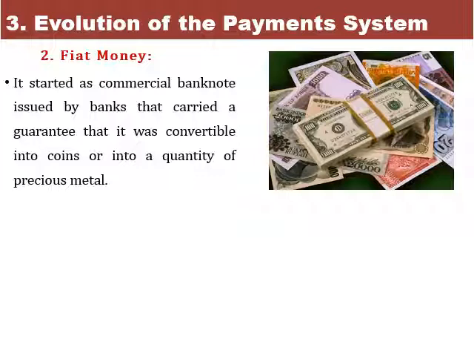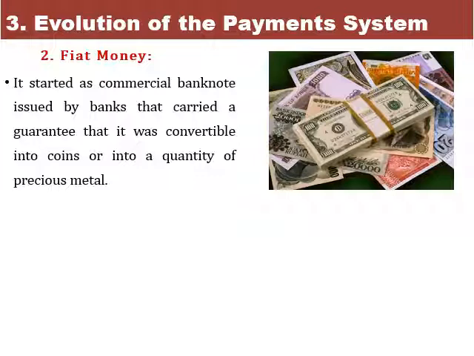To explain this, let's start with the meaning of fiat. What is the meaning of fiat? It means an official order given by somebody in authority. So this implies that this type of money is decreed by monetary authorities or central banks.